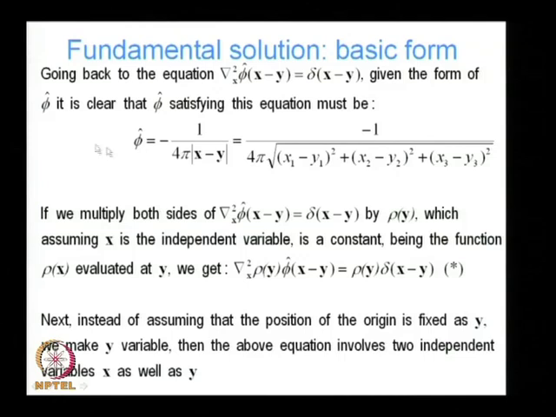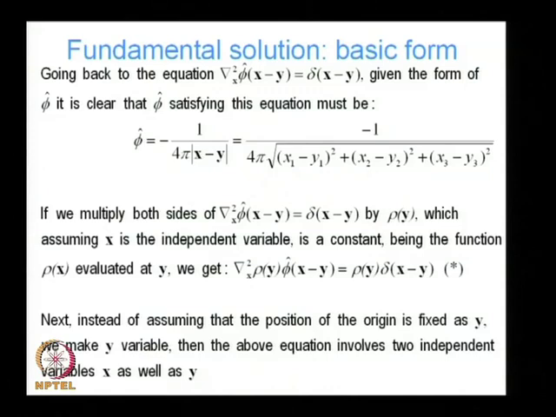So, we look at this function and let us multiply both sides of that equation by rho of y. Laplacian of x square phi hat x minus y is equal to delta x minus y, times rho of y, which, assuming that x is my independent variable, is a constant. So, for the time being, rho of y is nothing but the value of rho of x evaluated at y.